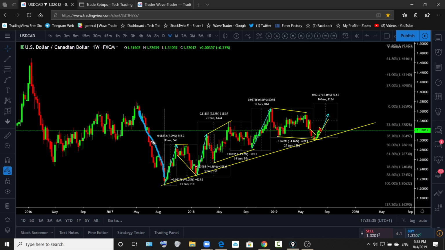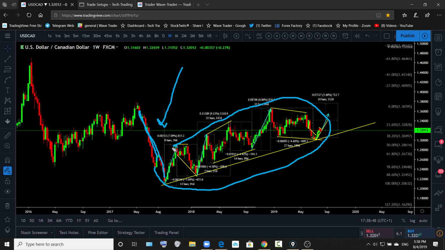Remember, we are expecting that wave, and we will keep forecasting that wave as long as price stays within this behavior. It can stay within that behavior for more than a year or two.